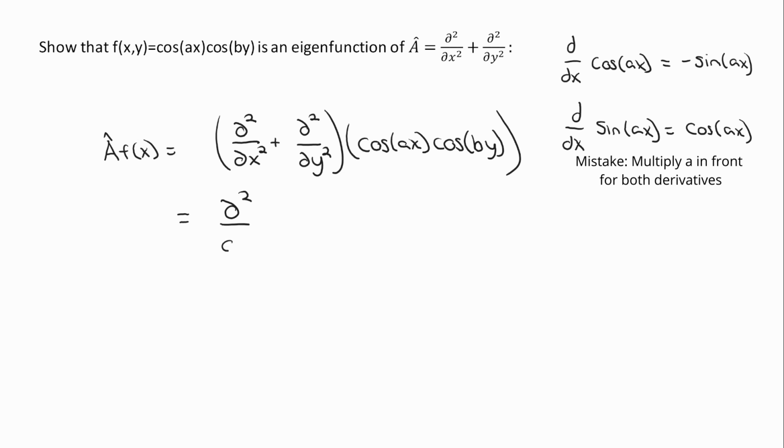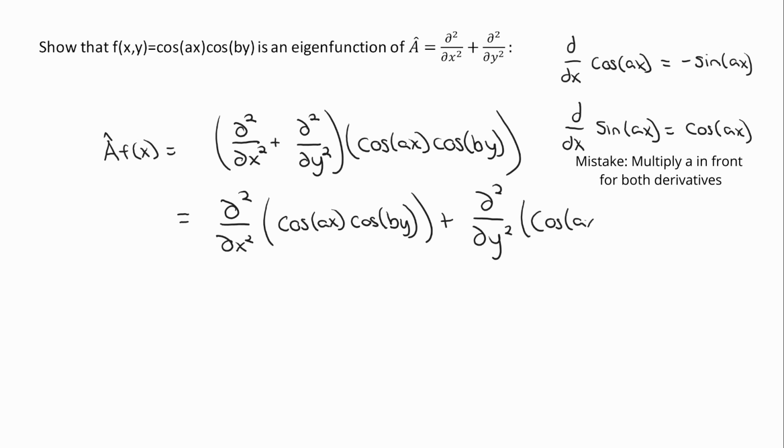But we have the second partial derivative with respect to x acting upon our function, cosine of ax, cosine of by, plus the second partial derivative with respect to y of cosine of ax cosine of by. So now let's take the first derivative of each before we move on to the second derivative.